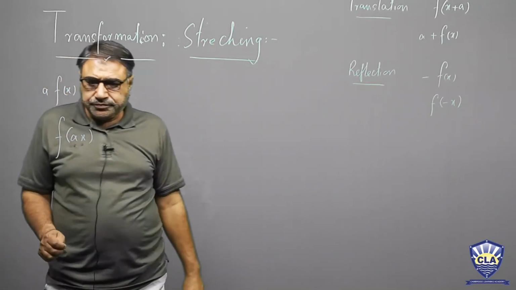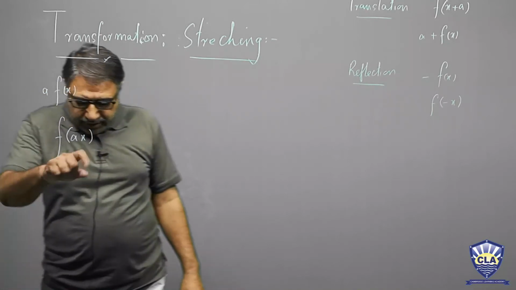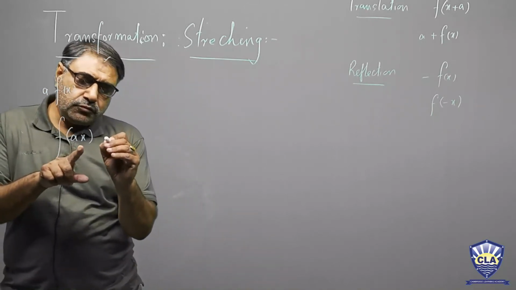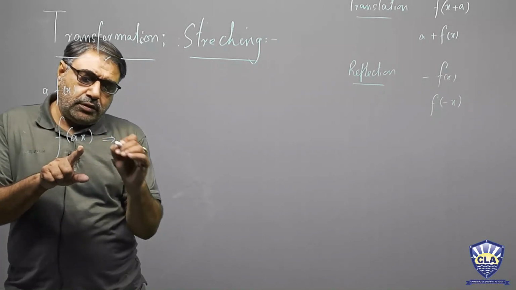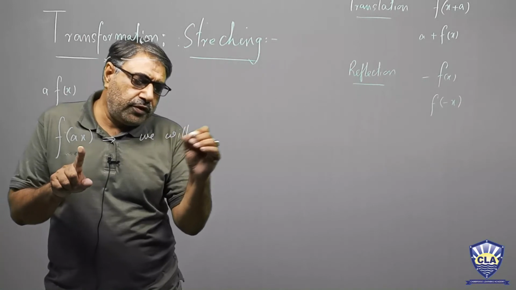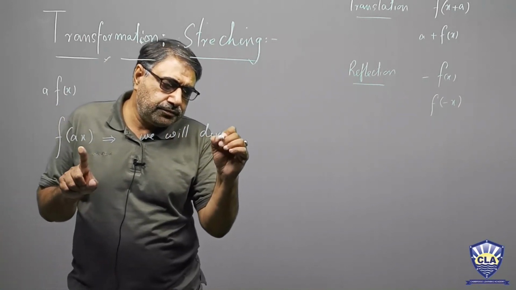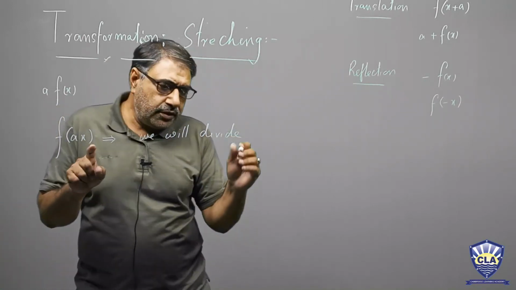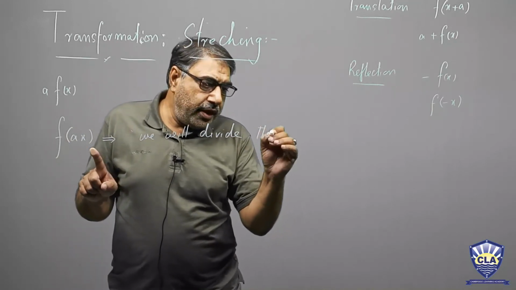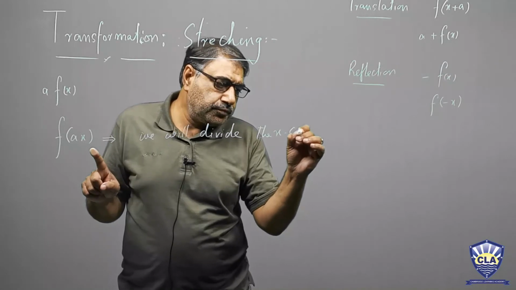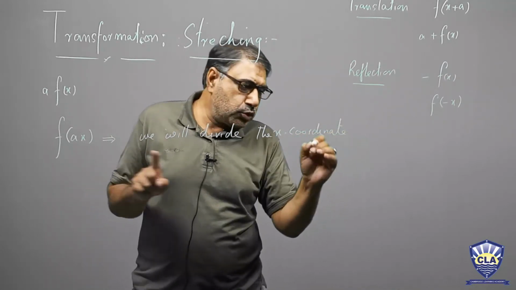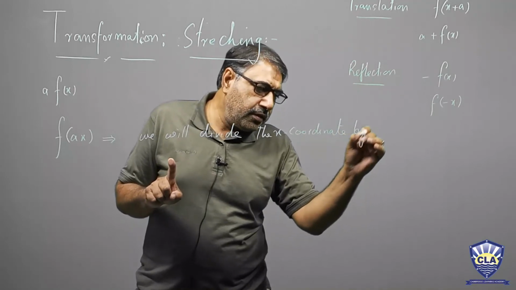If it is multiplied with x, then we will divide the x coordinate by a.